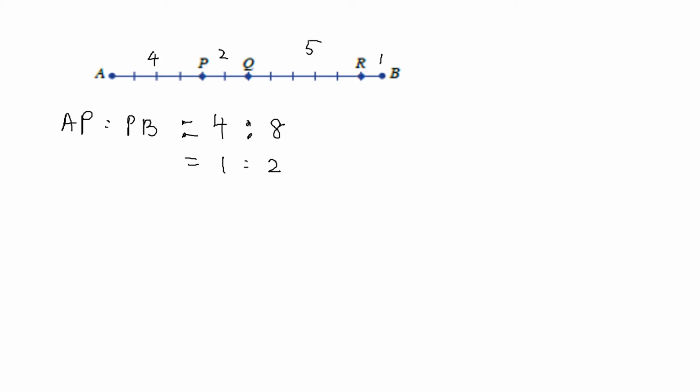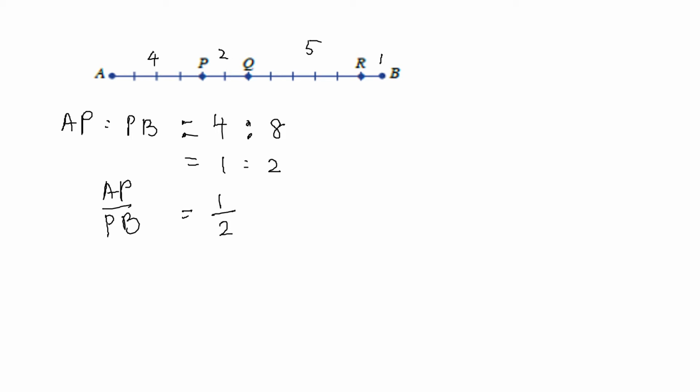So the ratio also can be written as AP over PB. If this is given, then we will write AP is 1 portion and PB is 2.